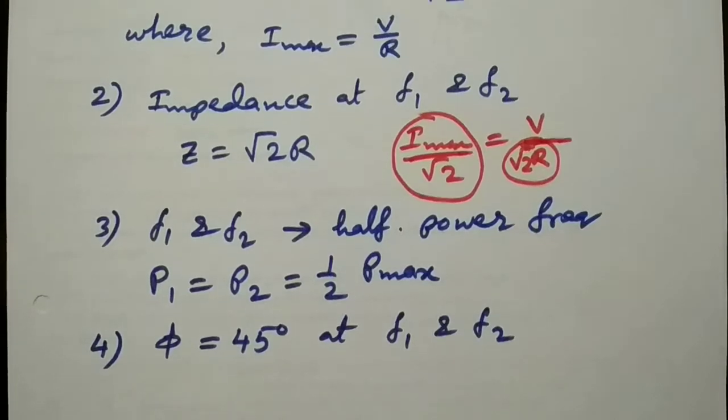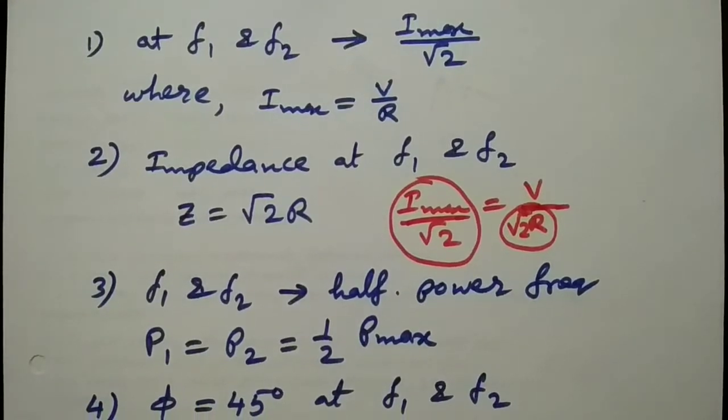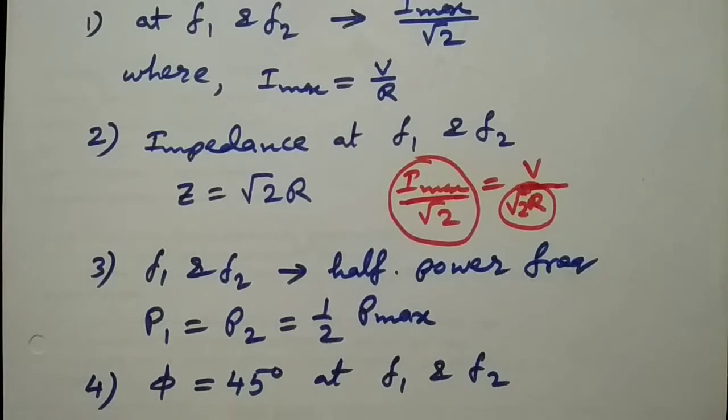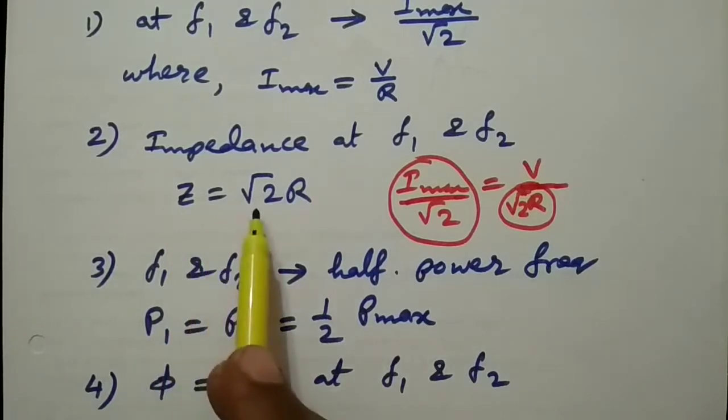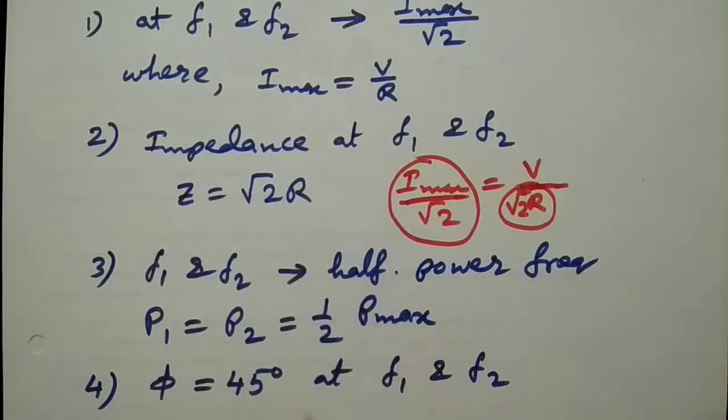So now let's find the value of the bandwidth and the half power frequencies. We have discussed here that Z is equal to root 2 into R. This is the value of the impedance at half power frequencies.